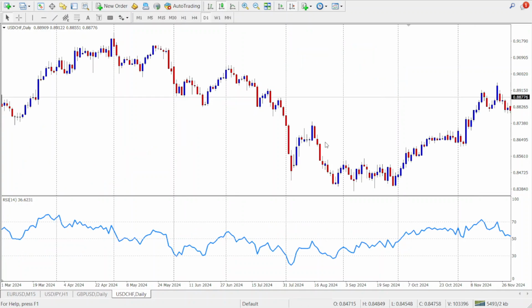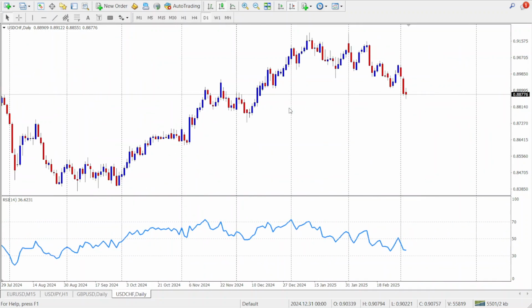Now, talking about Fibonacci pivot points. Pivot points are widely used to identify support and resistance levels. Fibonacci pivot points are calculated using Fibonacci ratios, which help determine where price is likely to reverse. Now we usually have the pivot points, resistance levels and support levels.